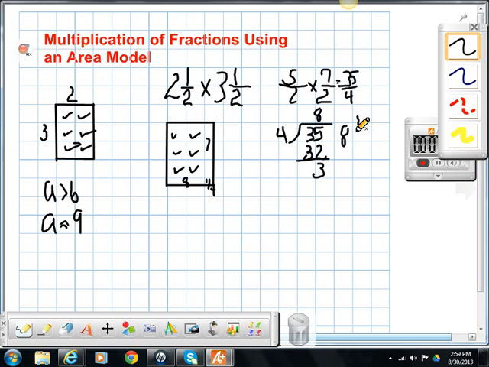Now I'm wondering why that answer didn't match our figure. So let's look at the figure. We moved over 2.5 units. We went down 3.5 units. We counted 1, 2, 3, 4, 5, 6. We put these two together, and that made 7.